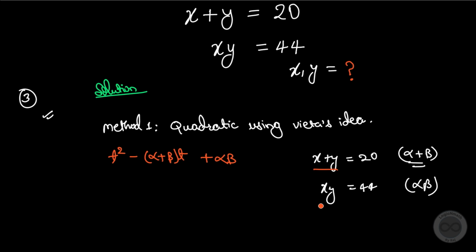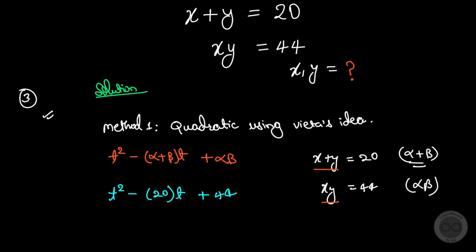So using x plus y and xy, our equation will form t squared minus 20t plus 44. Now to get our values of x and y, we need to solve this quadratic equation. So let's first find the discriminant, which says delta is equal to b squared minus 4ac.